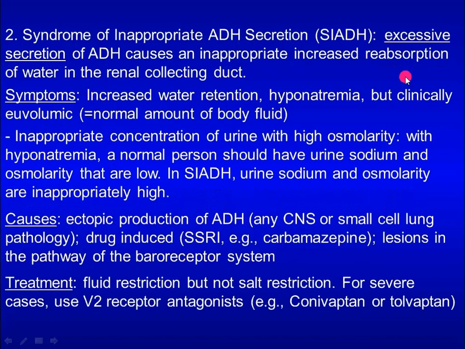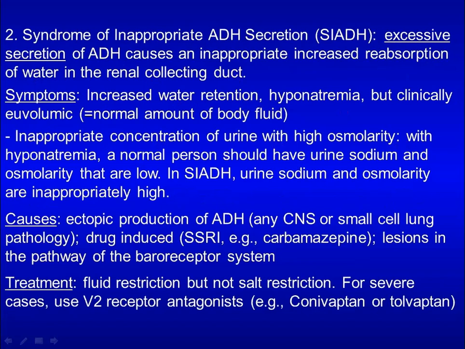Syndrome of inappropriate ADH secretion is caused by excessive secretion of ADH. It causes an inappropriate increased reabsorption of water in the renal collecting duct. Symptoms include increased water retention, hypernatremia, and inappropriate concentration of urine with high osmolarity.